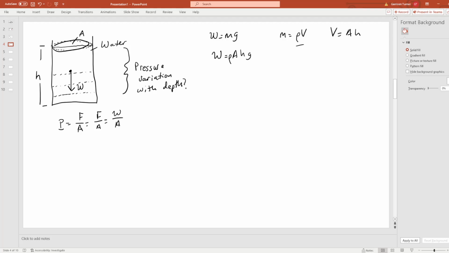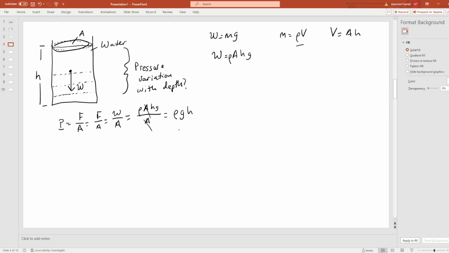So if we look at the bottom, then the total weight of the water is pressing down. The total weight of the water is rho A h g, and I'm going to divide that by A. And so my pressure is equal to rho g h. I've just rearranged the g and the h there.